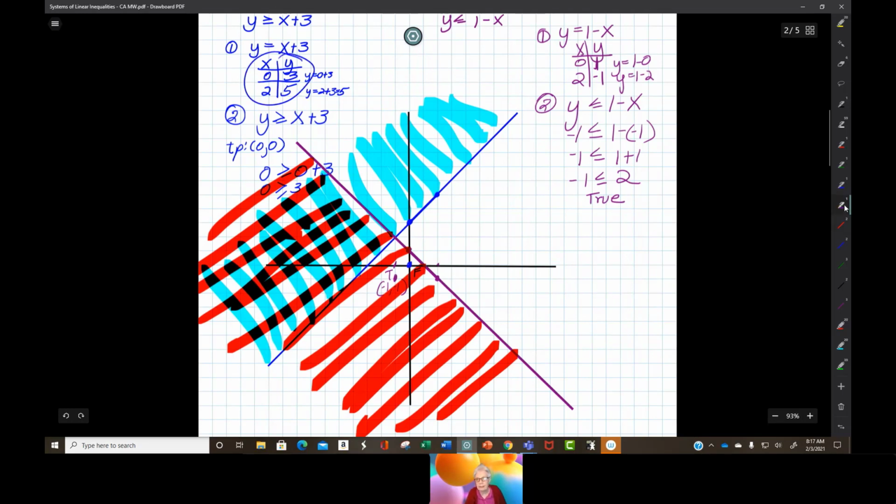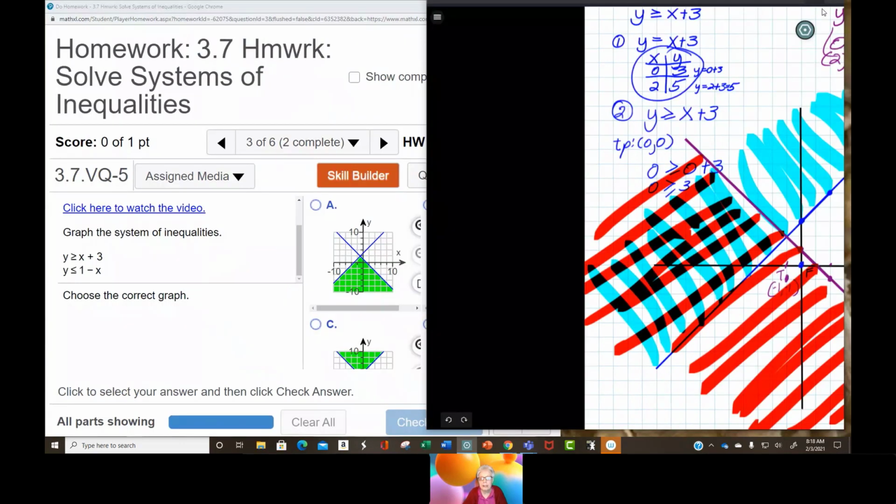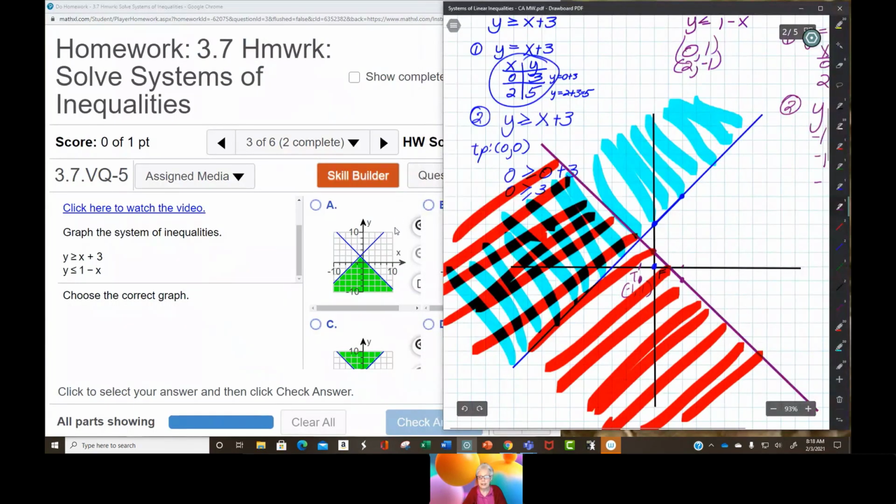I have my red points. Let me write them in an easier to see way. 0, 1, and 2, negative 1. So the first thing I'm going to do is graph both my lines, and oh, I don't have to do that. All I have to do now is find something that looks like this. Didn't even think of that.